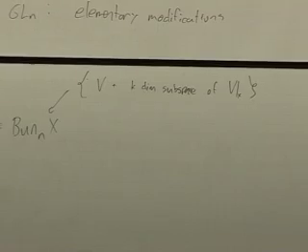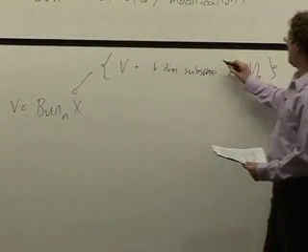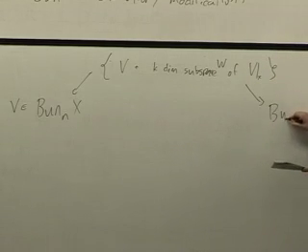So I pick a k-dimensional subspace of the fiber V at x, let's call it subspace W, and this again maps to Bun_n of X.